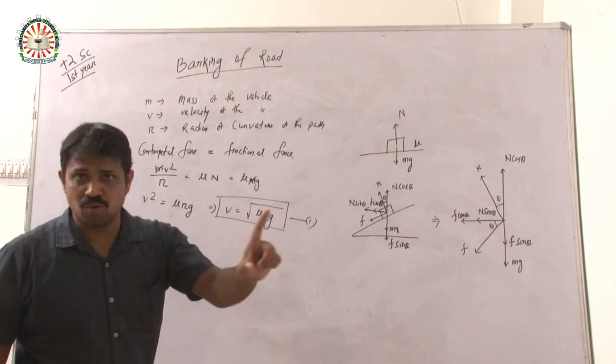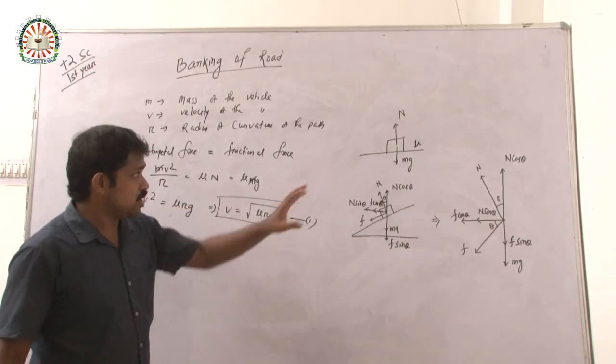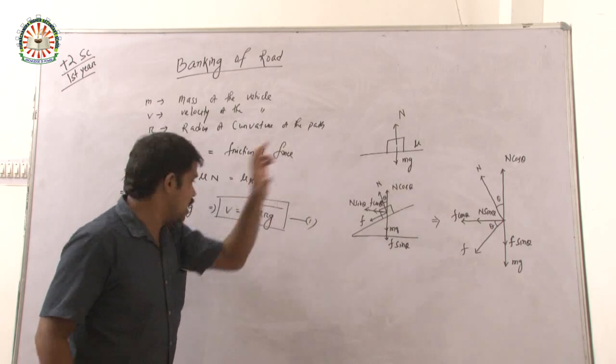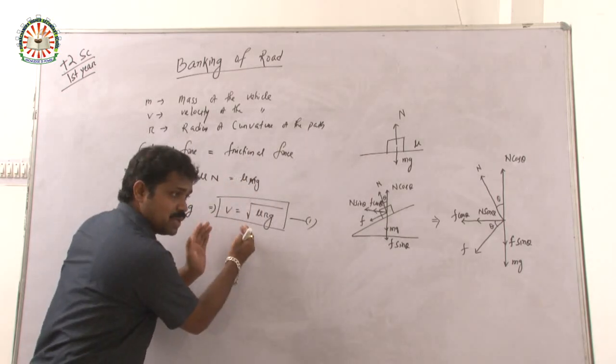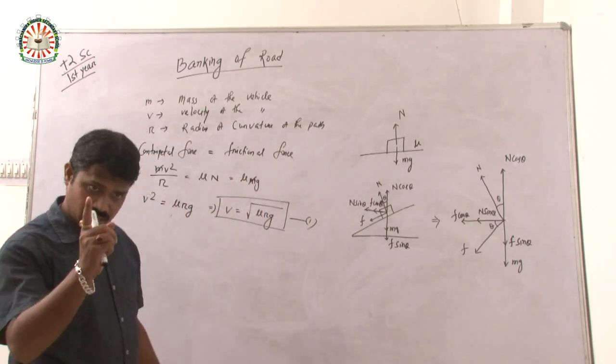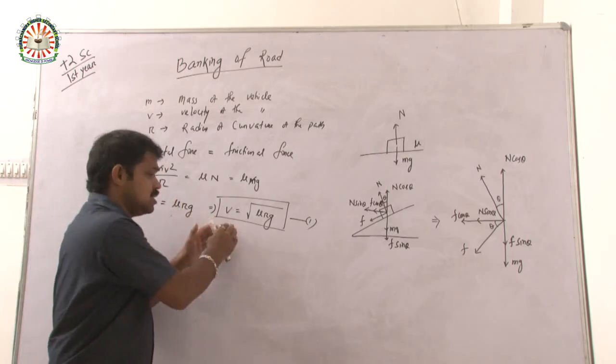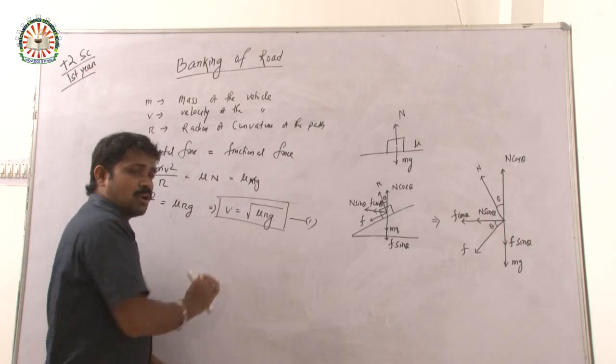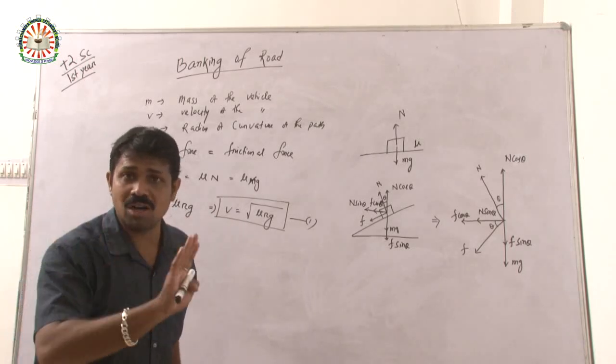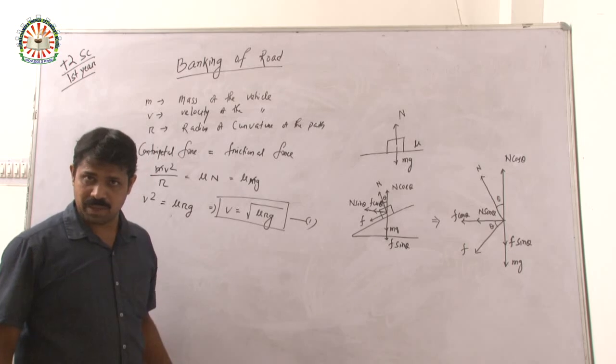The curved path should not be a banked one. If the curved path is a horizontal one, then this is my maximum safety velocity. That means if the vehicle continues with this velocity, then the vehicle will not skid from this curved path.